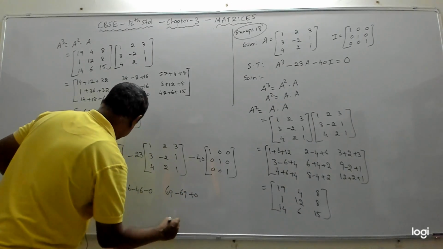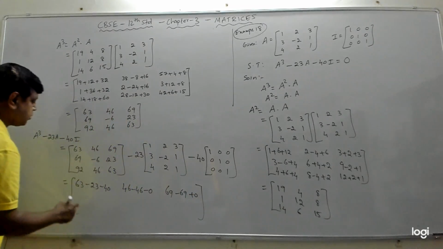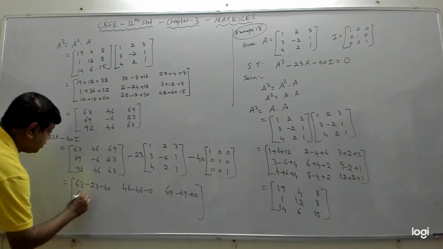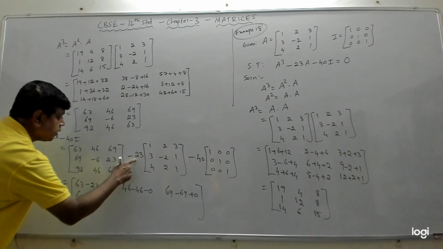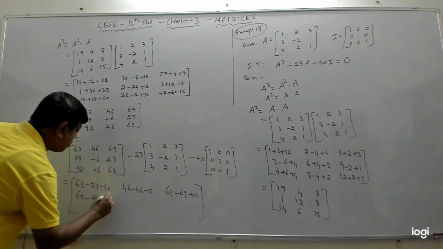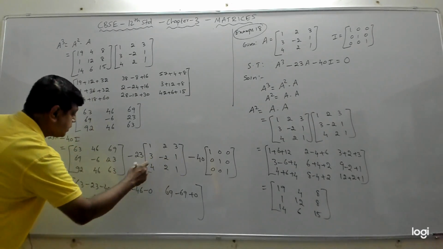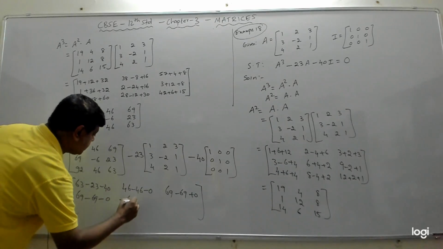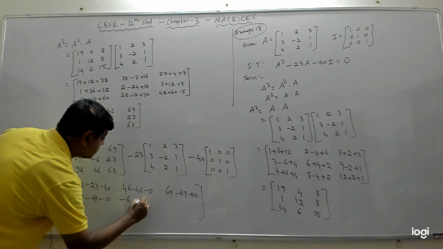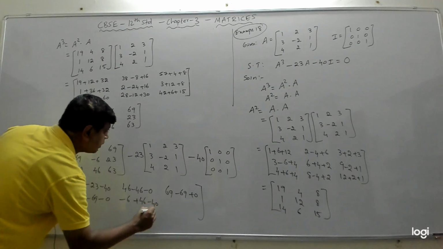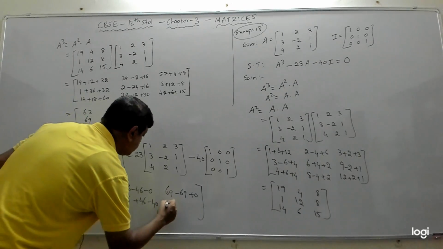This is 0. Plus 0 minus 0 doesn't matter. Then 69 minus 69. Then minus 0 or plus 0 doesn't matter. So similarly minus 6 minus 6 plus 46 minus 40. The other one is 23.